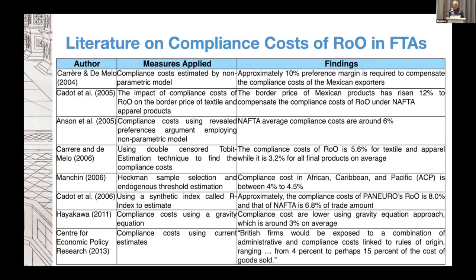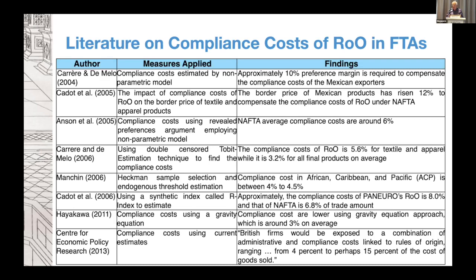We have a literature on the compliance cost of rules of origin, and this literature is mostly done by economists using economic theories and techniques. It arrives at a percentage of the compliance cost with rules of origin, which varies from 12% according to NAFTA to 6%.